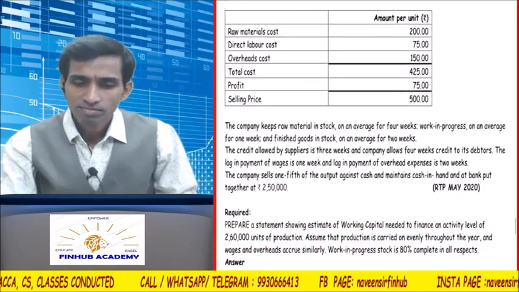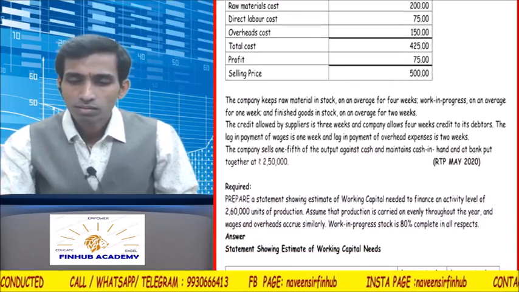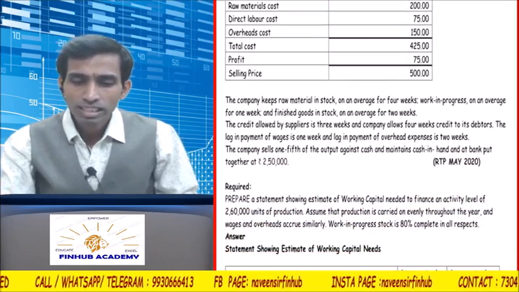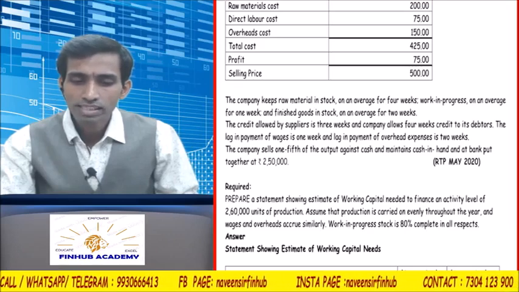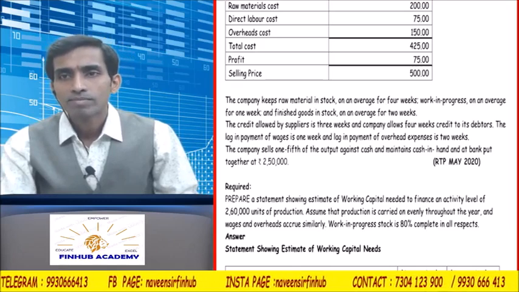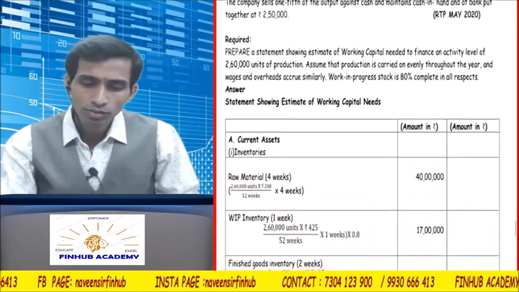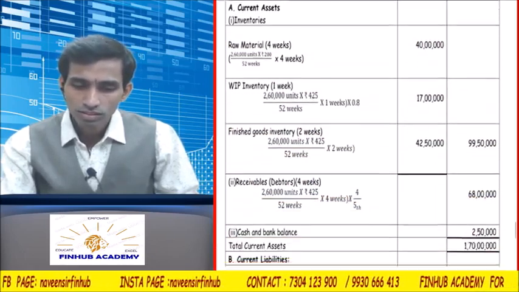Cost structure. Then periods are given. Raw material 4 weeks, work in progress 1 week, finished goods in stock average of 2 weeks. Same question they asked in RTP, May 2020. Is it clear? And I have given you the solution also.